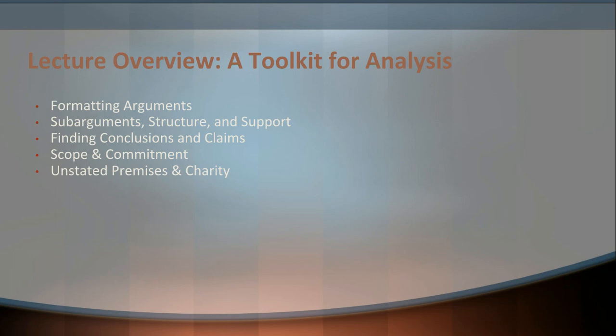We're going to look at sub-arguments and how structure and support have different patterns throughout different arguments. We're going to look at some tips for locating conclusions and identifying claims in different arguments. We're also going to look briefly at the concepts of scope and commitment, and then look at a general approach that we can use for approaching arguments that don't always seem to have everything there.